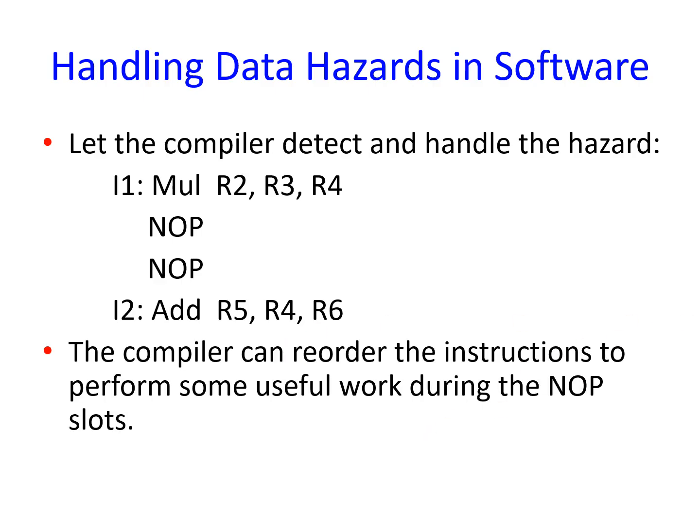This will be provided by the compiler. So the compiler has to identify the instructions where data hazards are there and use no-op instructions, or it might find some useful instructions which are independent of the previous instruction and rearrange them and give them to the execution.